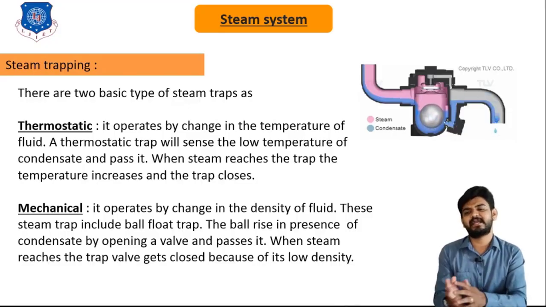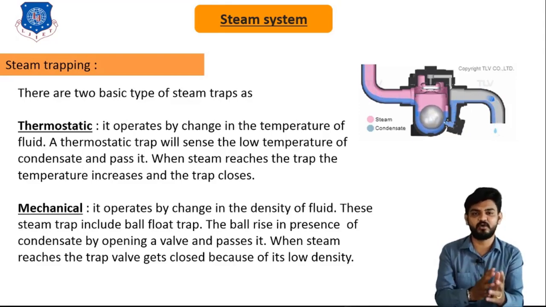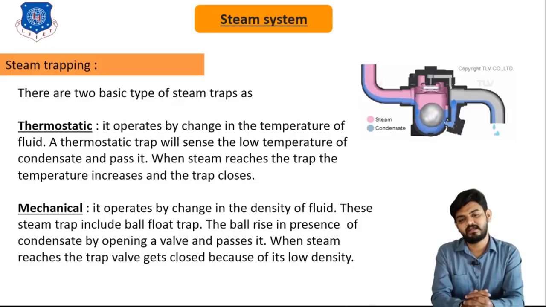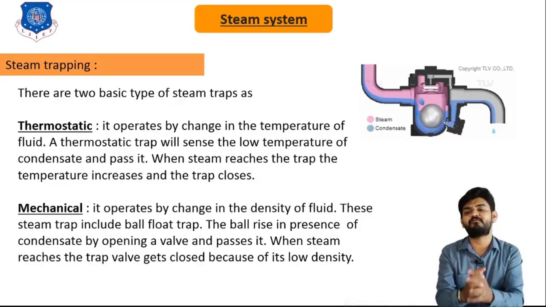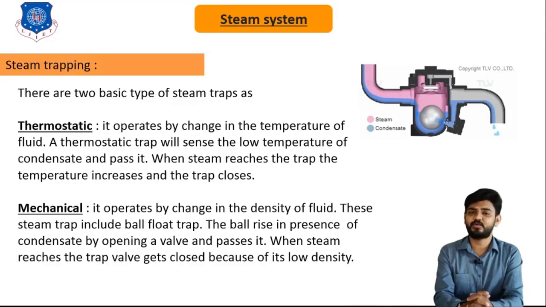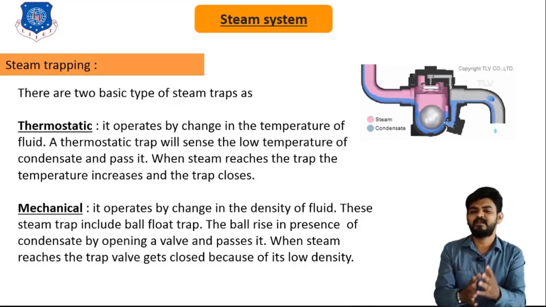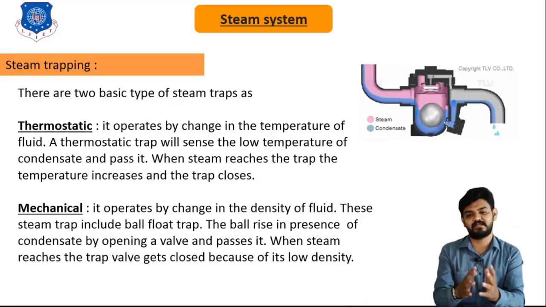Now let's see the mechanical type of steam trap. It operates by a change in the density of the fluid, so it works on the principle of density. This steam trap includes the ball float trap. Here in the image at the top of the screen, you can see one typical example of a mechanical steam trap, where we are utilizing a ball in a floating arrangement. The ball will rise in the presence of condensate, opening the valve and passing it.